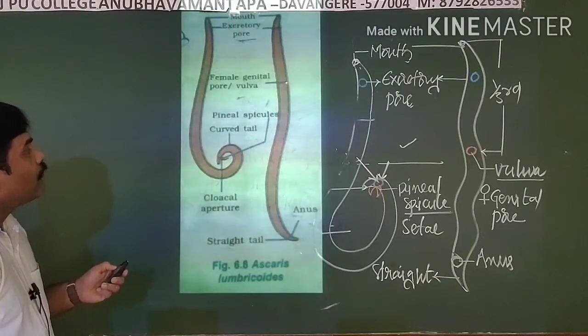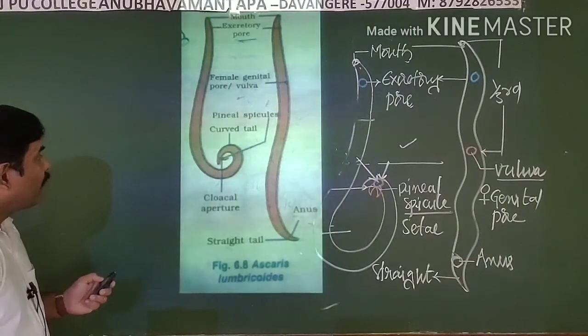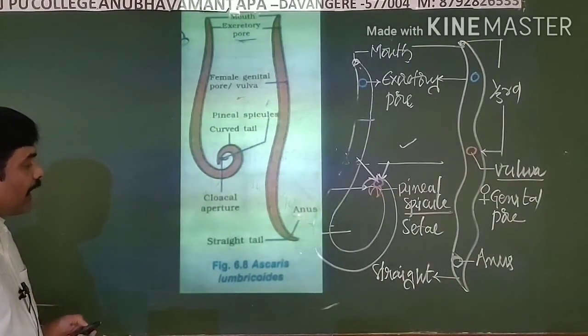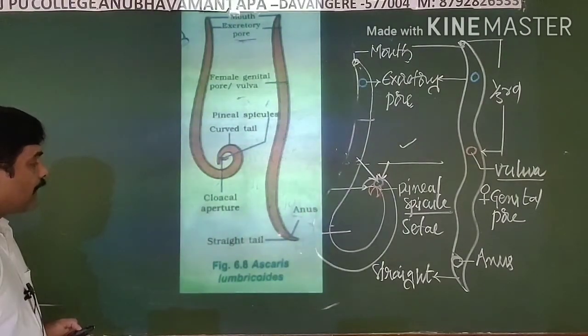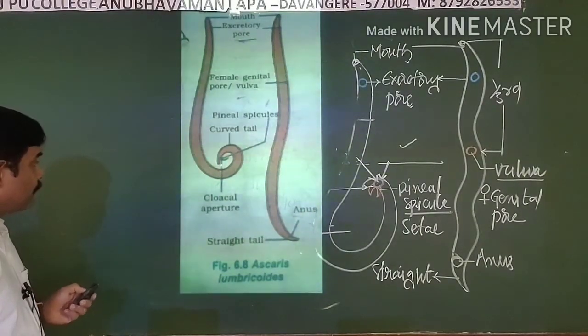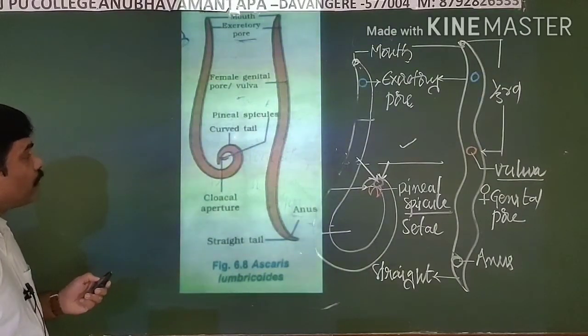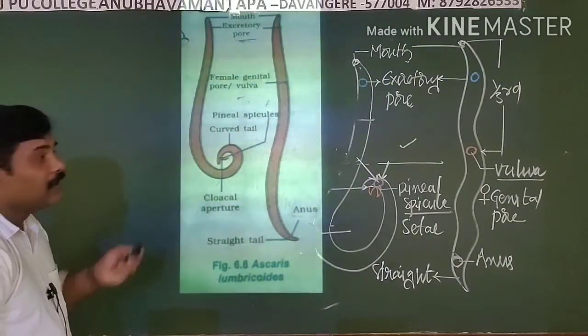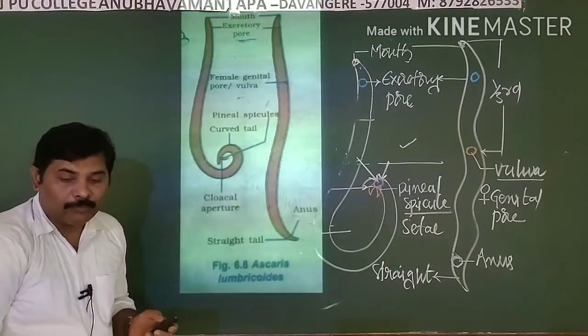In the female, we see the female genital pore or vulva, and at the extreme posterior end we can see the anus. You can see the straight tail in the female. In the male, you can see the curved posterior end, where the cloacal aperture is present, with the penial spicules at the cloacal region. This is about the structure of Ascaris lumbricoides.